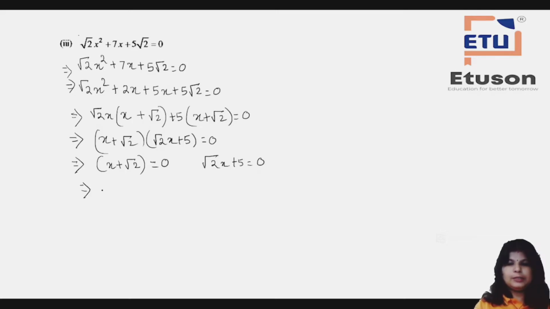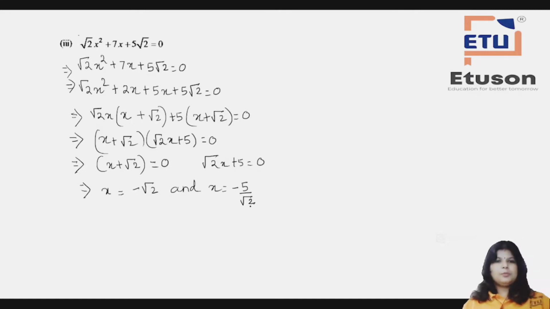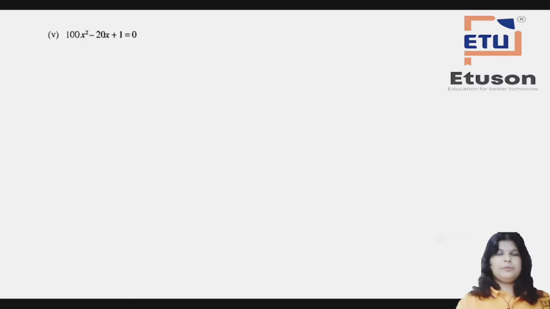It implies x is equal to minus root 2 and x is equal to minus 5 by root 2. Correct, children? Hope you have understood. If you can split the middle term properly, then the rest is quite easy. This you have learnt in the previous class, right? So there should not be any problem. So let us go to the next, bit 5.